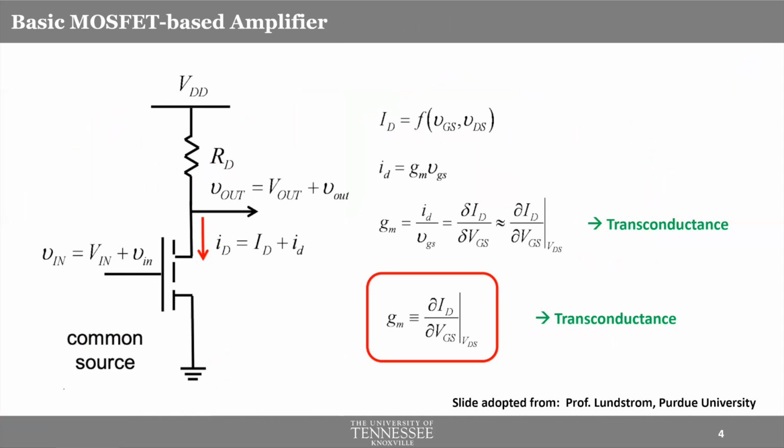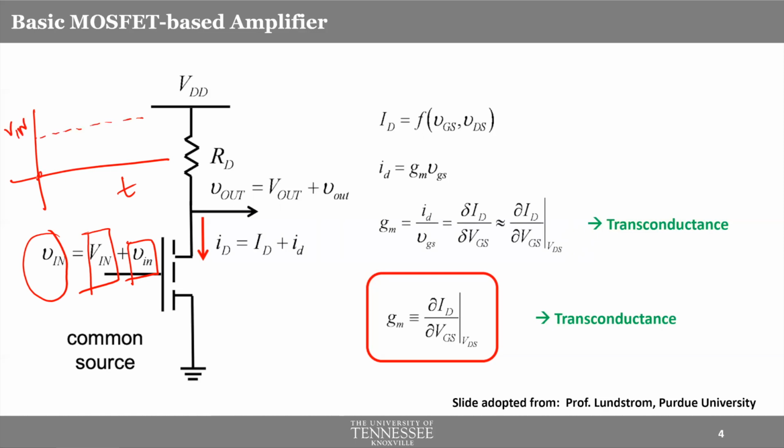And what we're going to do here is we will be providing an input voltage to the gate of the MOSFET, and this input voltage will be the sum of a DC component and a time varying AC component. So small AC component. With respect to time, the input voltage will be like this. It will have a DC component, so it will not start at 0, by the way, right? It will have a DC component. On top of the DC, you will have an alternating component.